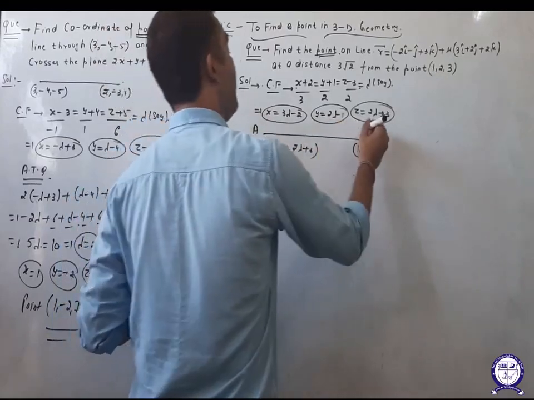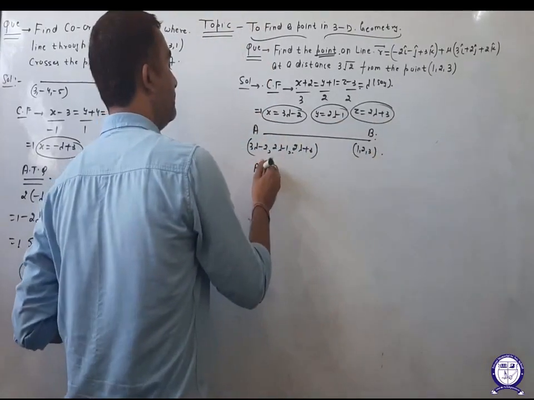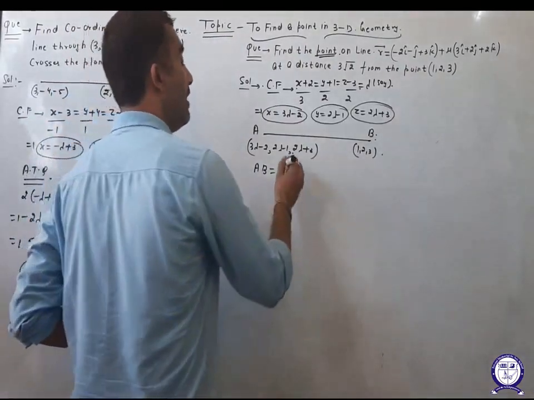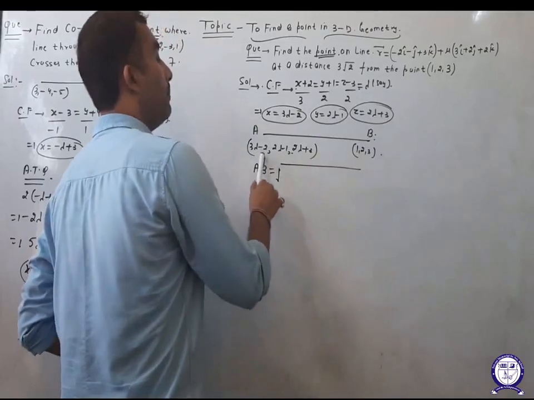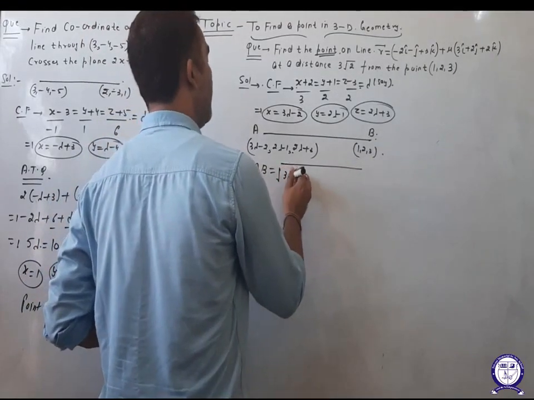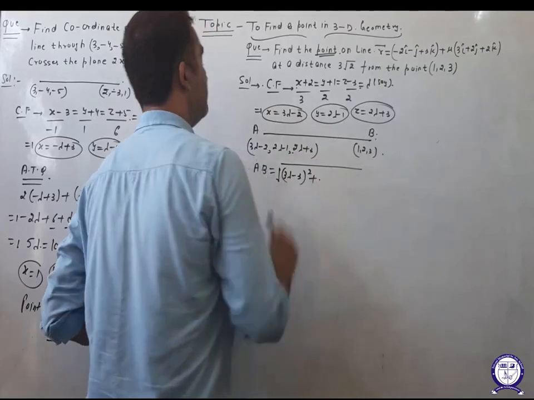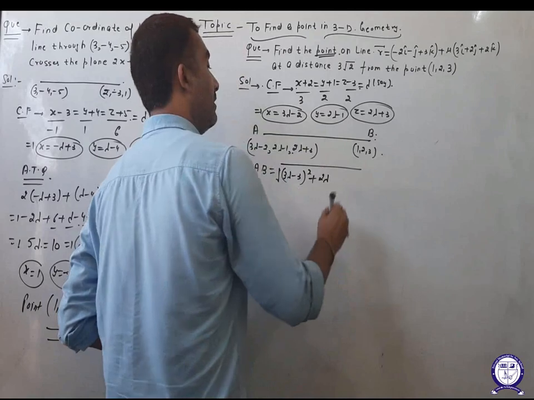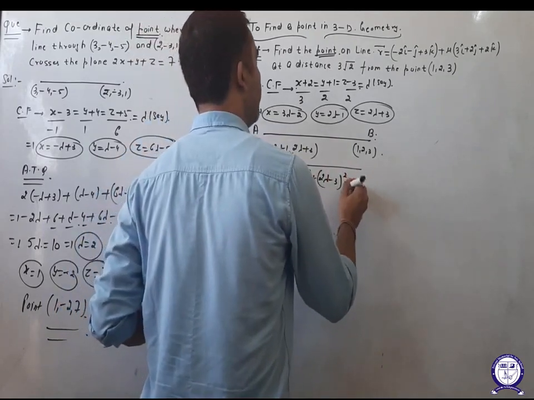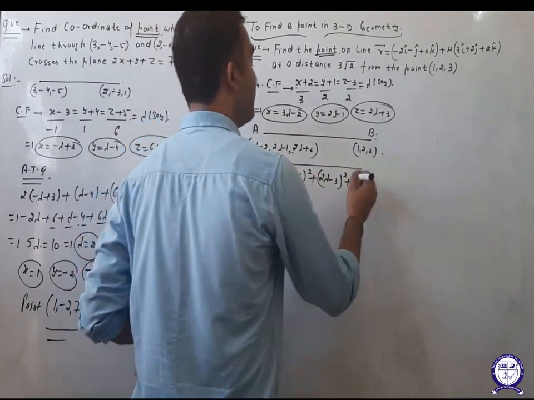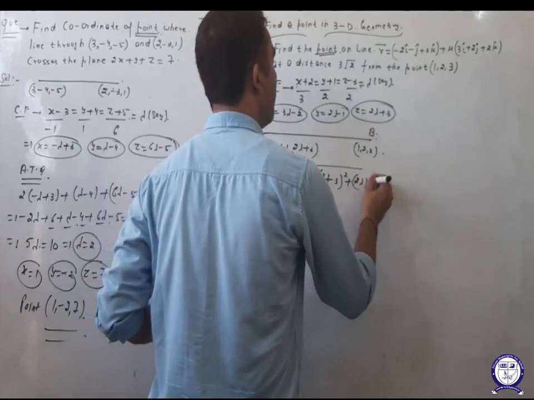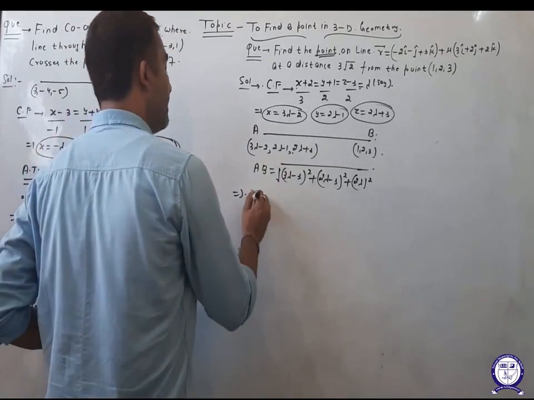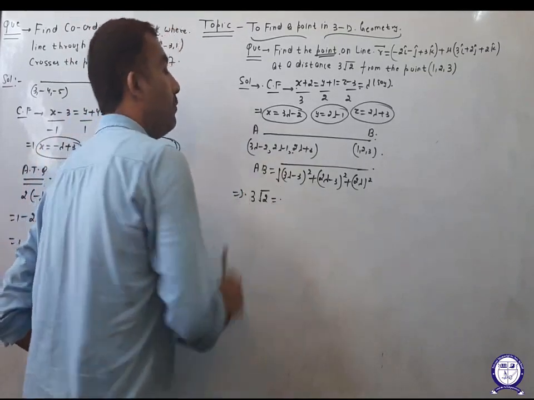Suppose it is point A and that is point B. AB is equal to the distance between two points, that is, by the distance formula, under root of 3 lambda minus 2 minus 1, that is 3 lambda minus 3 whole square, plus 2 lambda minus 1 minus 2, it becomes 2 lambda minus 3 whole square, plus 2 lambda plus 3 minus 3, it is 2 lambda whole square. As we know, AB is 3 root 2. The distance between two points is given to you, 3 root 2.